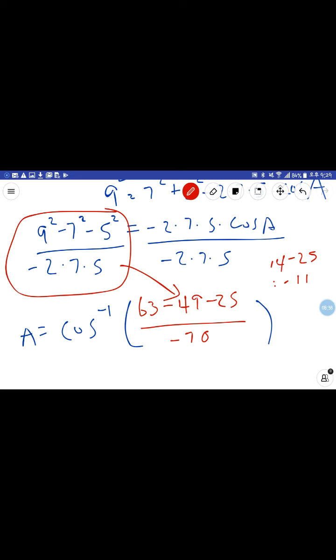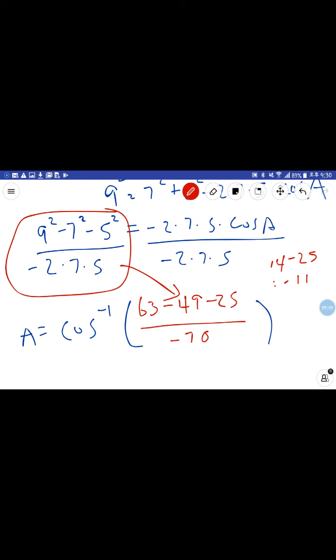9 squared is 63. 7 squared is 49. And 5 squared is 25. Did I have something wrong here? 63 minus 49, that's 14.